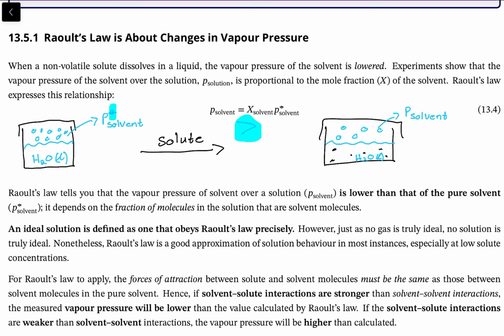Or maybe your solvent-solute interaction is not that strong, so in other words, there's no interaction, and eventually there's no change in your vapor pressure.